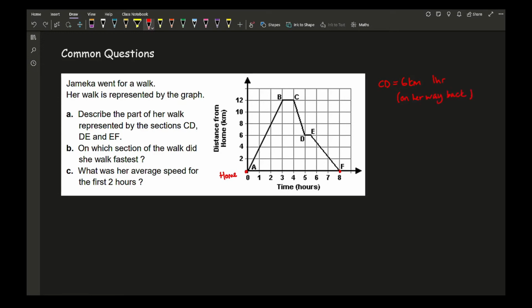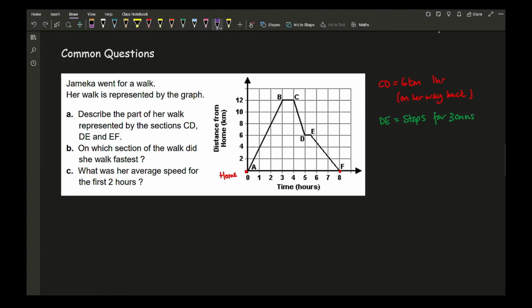And then from D to E she then stops for half an hour, and again, no indication of what she's doing in terms of direction, she's just stopped.